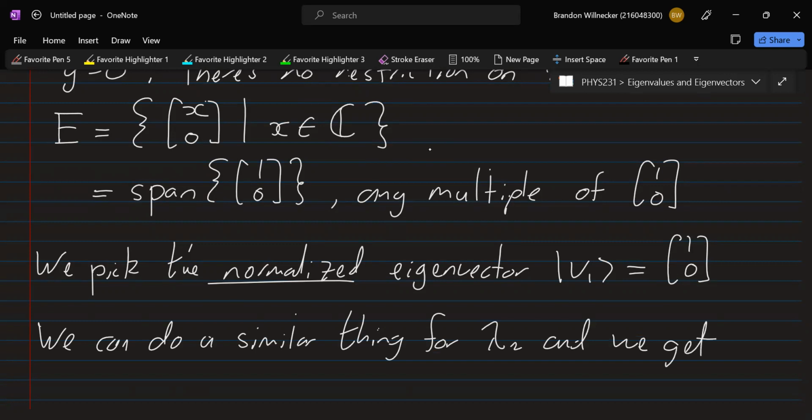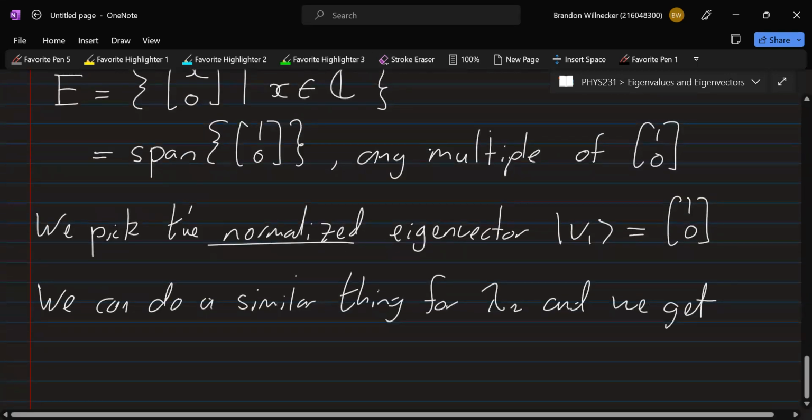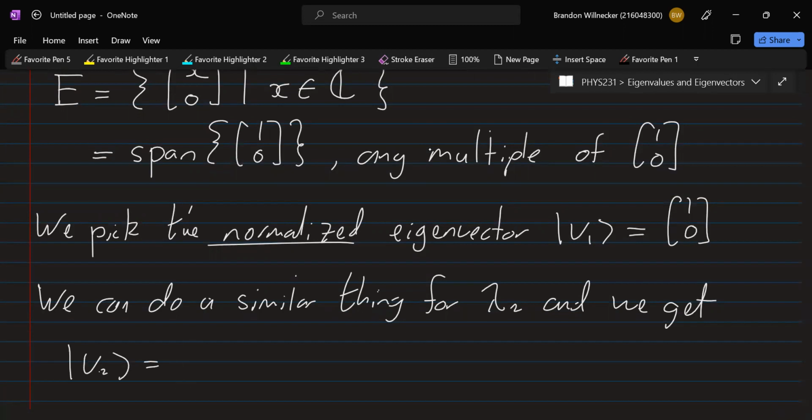And we get V2 corresponding to lambda 2. If we normalize it, like we want to do, it is 1 over root 2, 1 minus 1. Okay, so that is the second eigenvector.